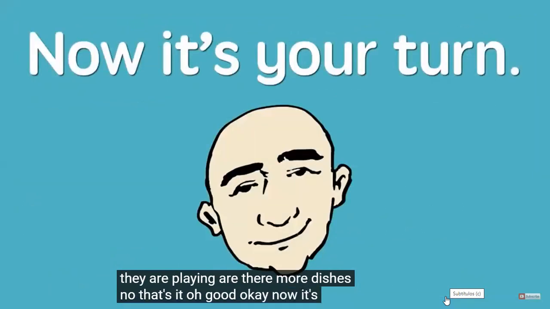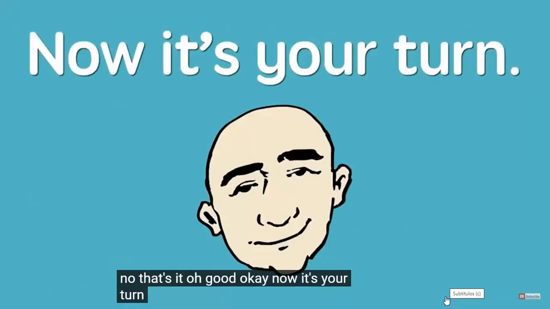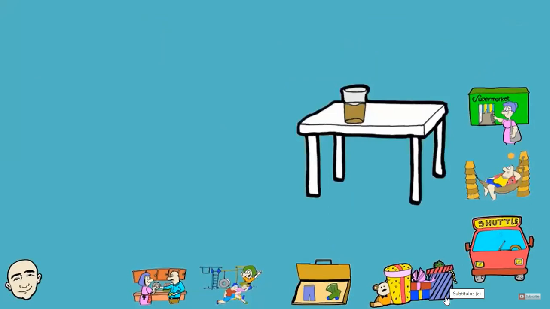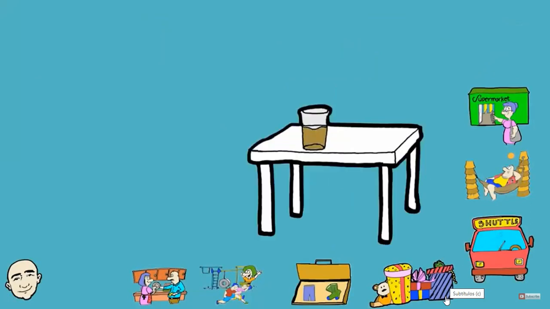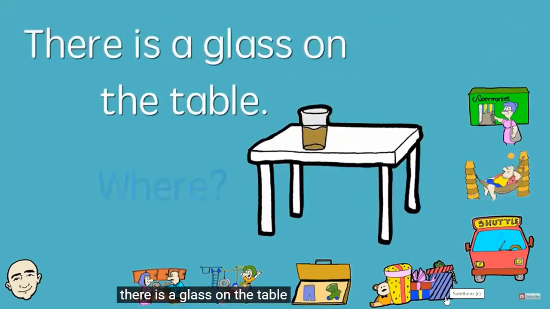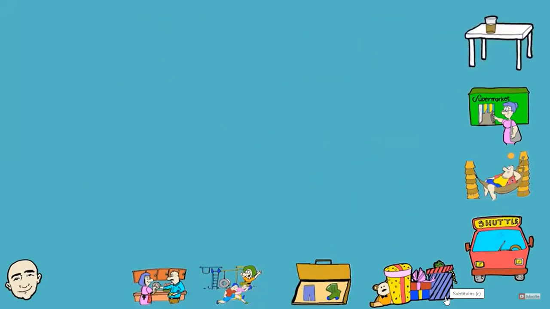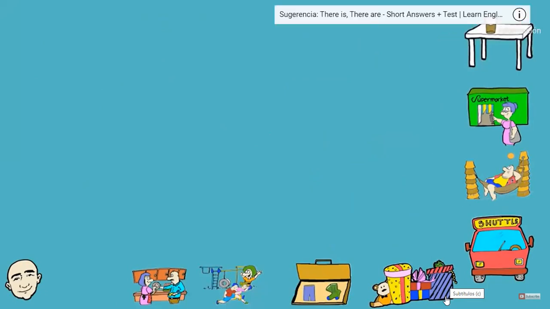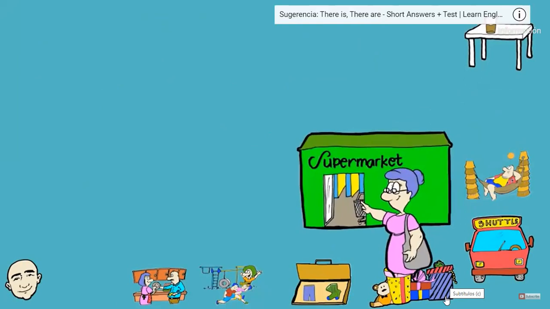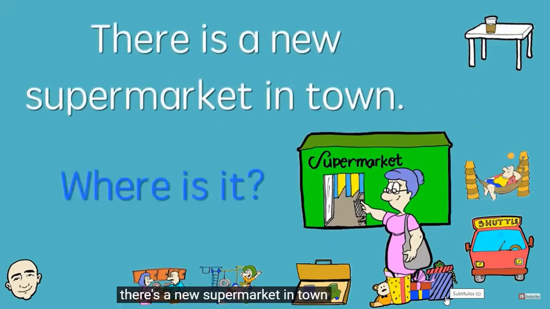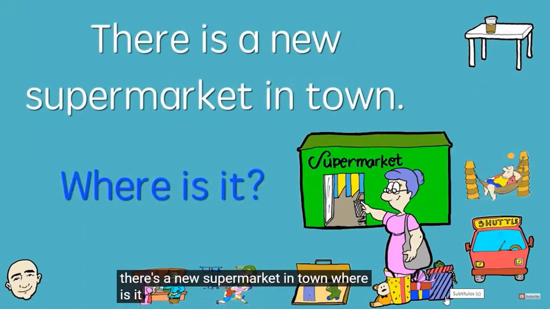Okay, now it's your turn. There's a glass on the table. Where? There's a new supermarket in town. Where is it?